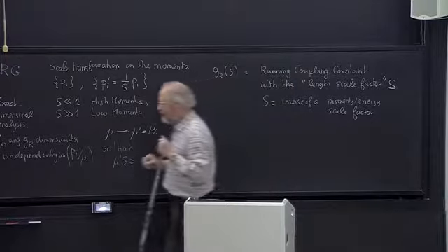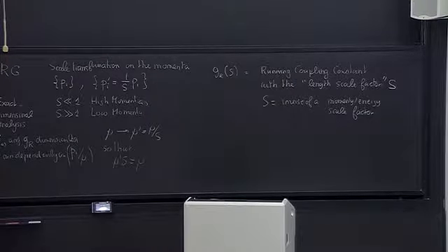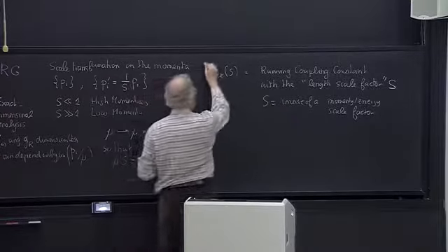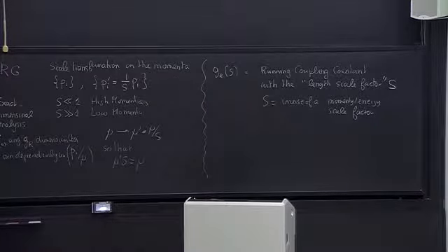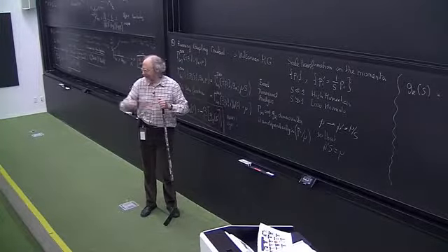Okay? Because it tells you that at a scale P divided by S, the effective coupling is GR of S. Take this as a definition of the effective coupling constant, of a running coupling constant. And the renormalization calculation tells you that in this quantum field theory, the coupling constant must be running with the scale.